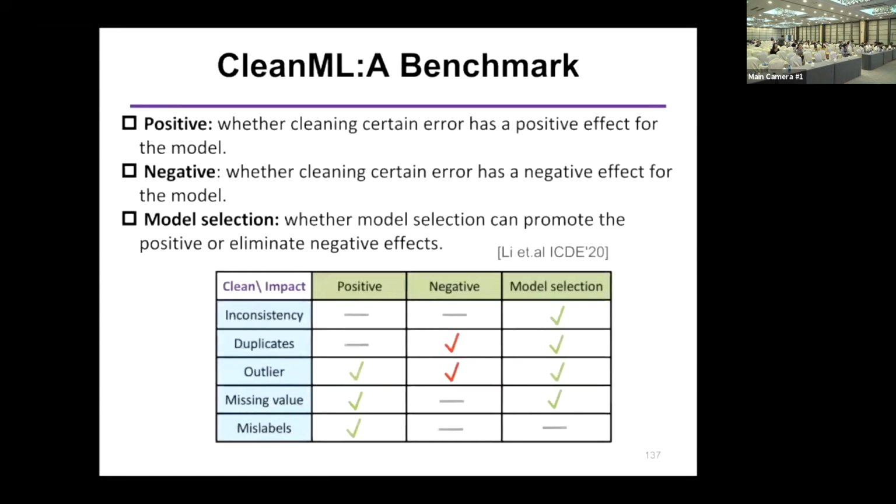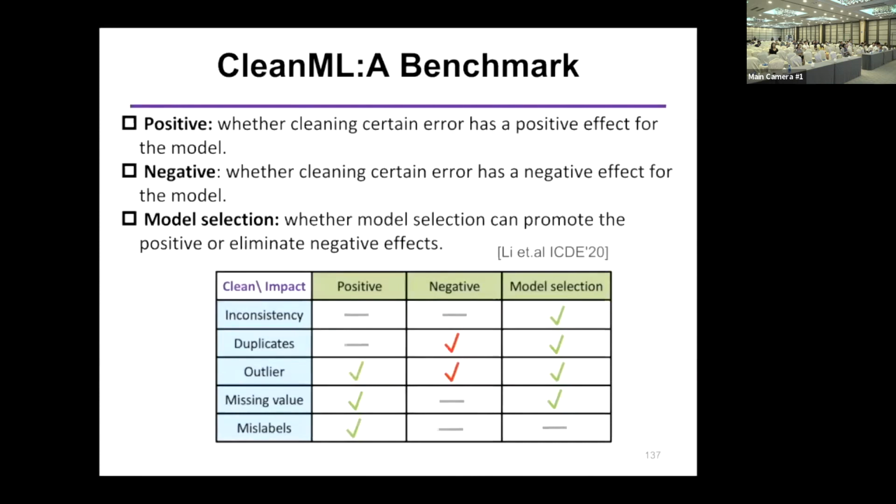So we first use a table to overview this. Here, CleanML is a benchmark for joint data cleaning for machine learning. It tests the impacts of these data errors on 7 typical machine learning methods like multi-regression, decision tree, and random forest, and so on. To summarize, we draw a table to illustrate the relationships between data errors and the machine learning performance.